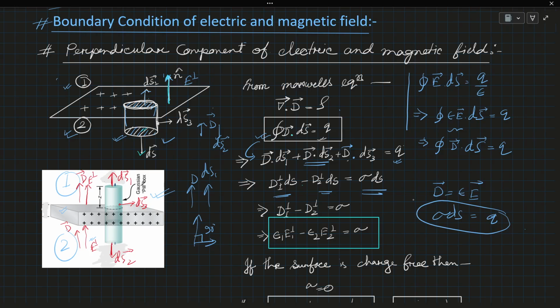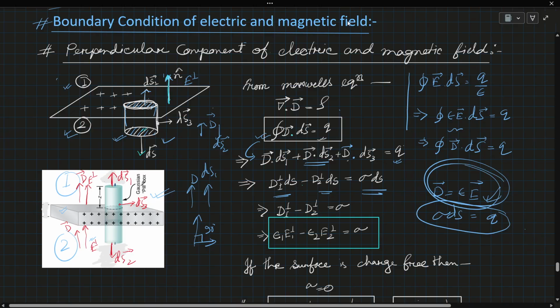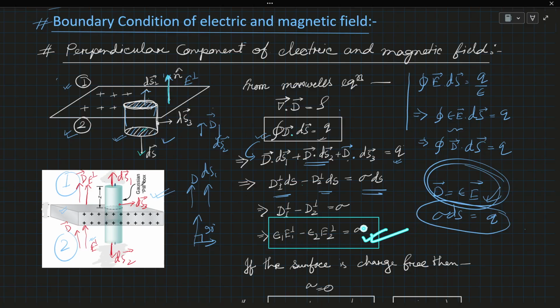Again, D can be written as epsilon E, as you can see here. So what I can write: epsilon 1 E1 perpendicular minus epsilon 2 E2 perpendicular equals sigma. This is the boundary condition for the normal component.